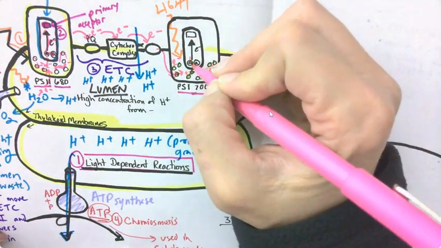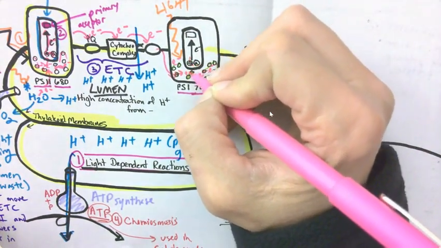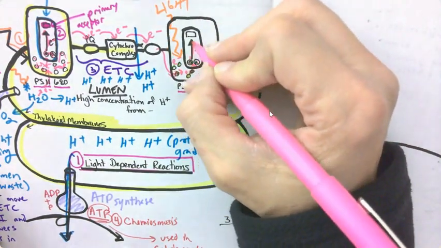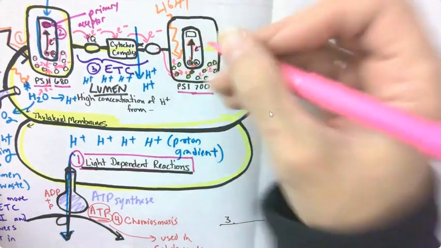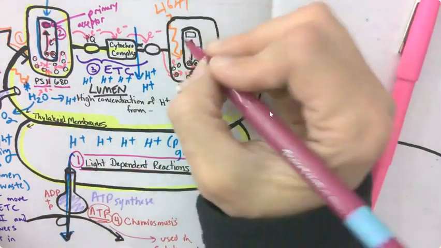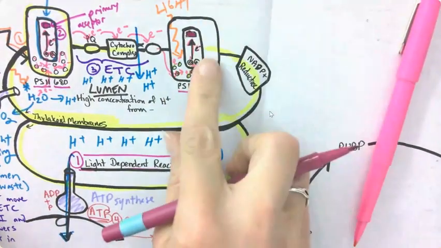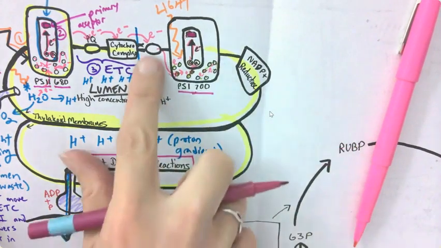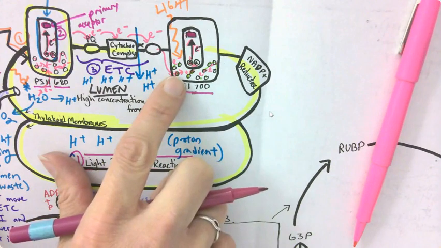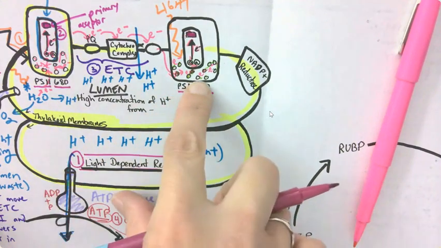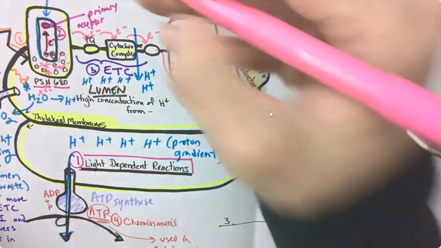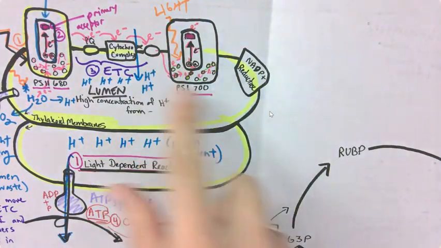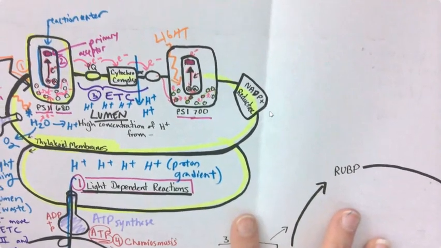Those electrons are going to excite the electrons in the chlorophyll A dimer in the reaction center. Those excited electrons are going to pop up and be caught again by the primary acceptor protein. And then any missing electrons are going to be replaced by the electrons from this electron transport chain.